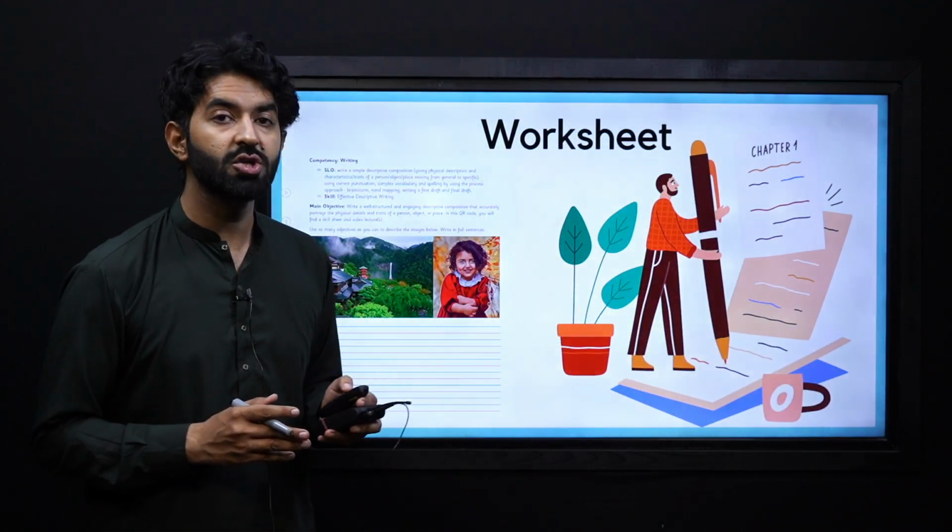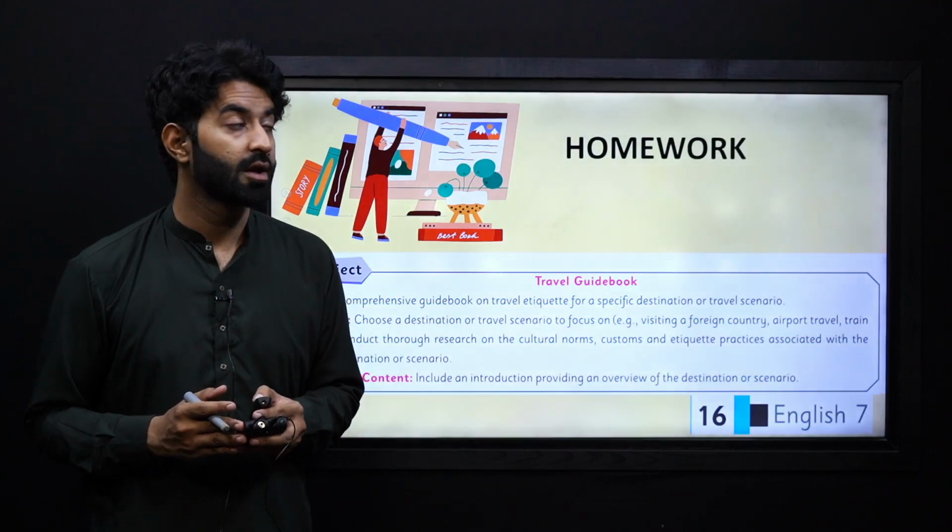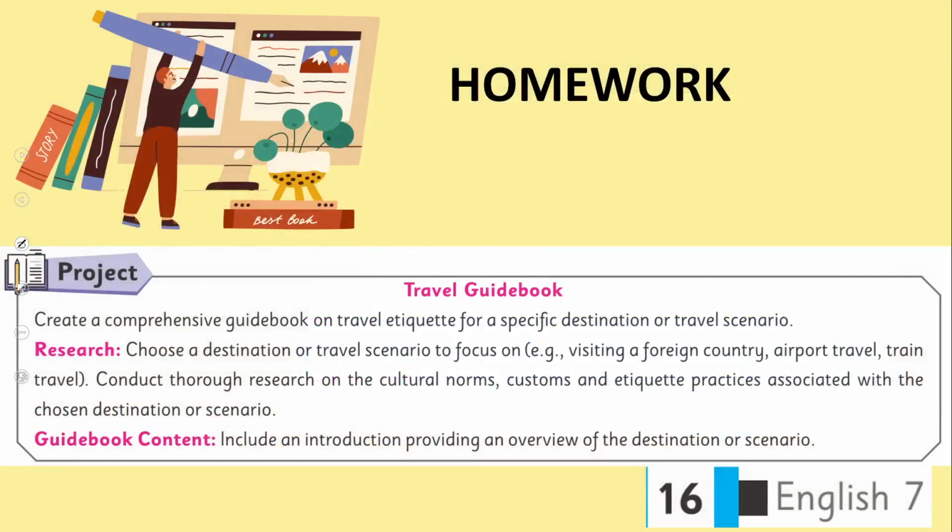This is your worksheet for your practice, and it is available in the resources. Now, for your homework, you have page number 16 from your book. We will be doing a project. You have to create a comprehensive guidebook on travel etiquettes for a specific destination or travel scenario. Research.